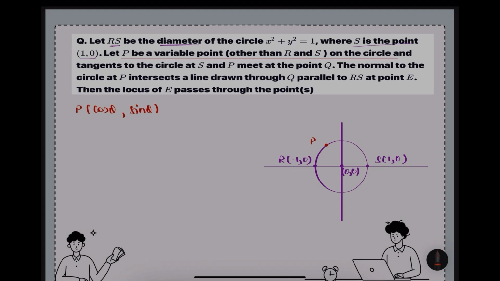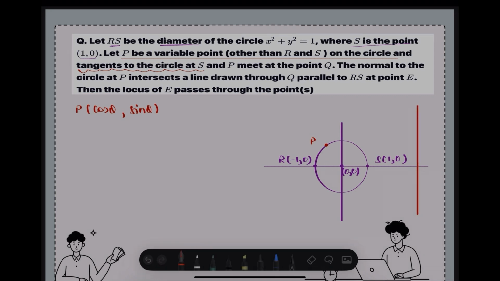Done? Now, the tangent to the circle at S. So at S you have to drop a tangent. Look at this. I'll connect that tangent. Okay, be careful.